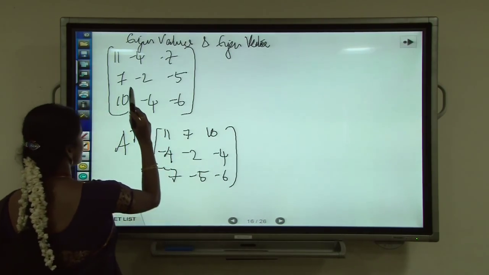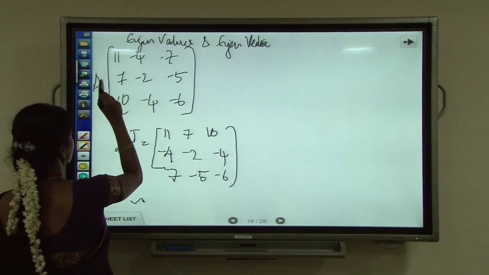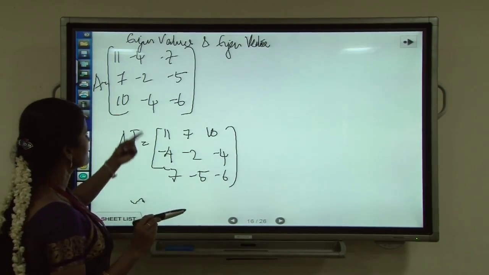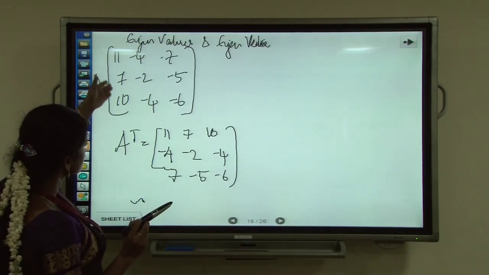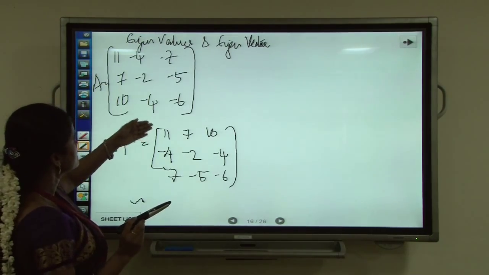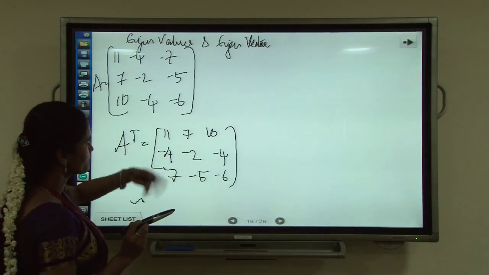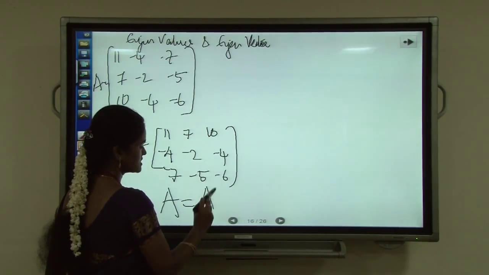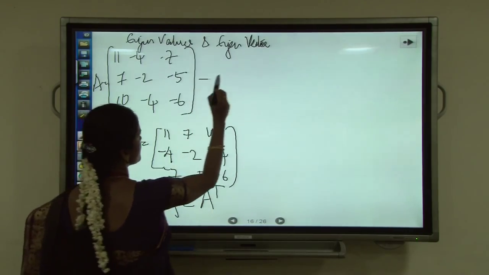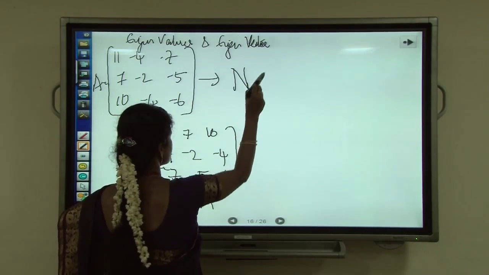Now, are A and A transpose the same? This is A. It is not. The first column is 11, 7, 10 and it is 11, minus 4, minus 7. So we say here it is not equal, and this problem comes under non-symmetric.